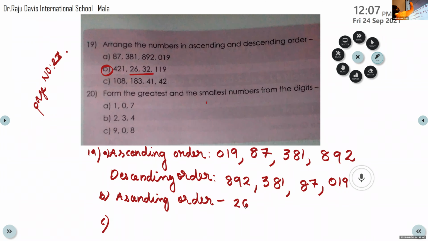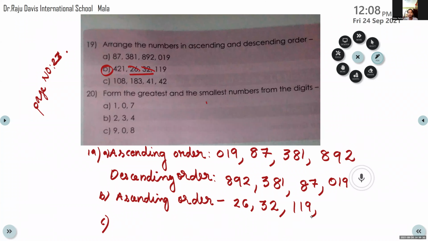After 26, the next smallest is 32. Then 2 numbers are remaining, 421 and 190. Which one is smaller? 190.